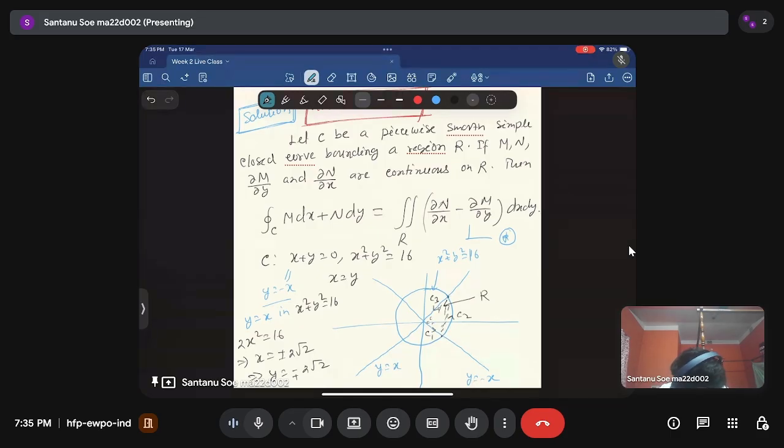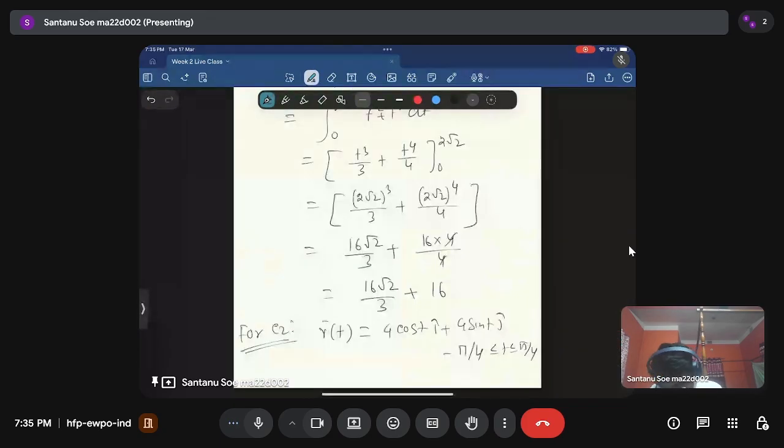And this angle is pi by 4 because y is x, so theta is tan inverse of 1, which is pi by 4, and similarly here theta is tan inverse of minus 1, which is minus pi by 4.